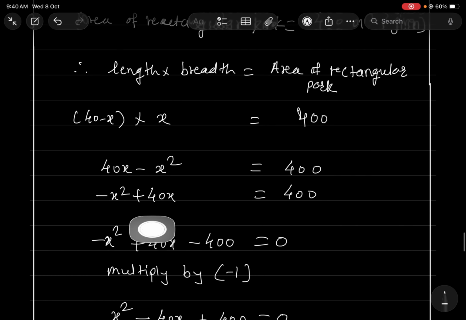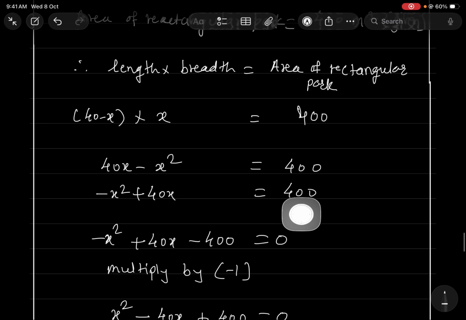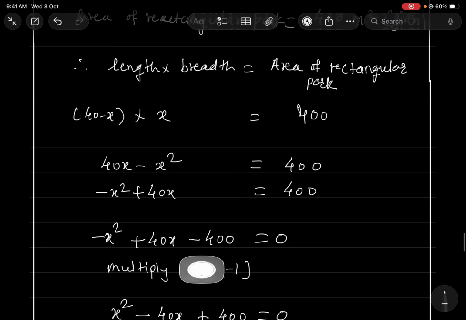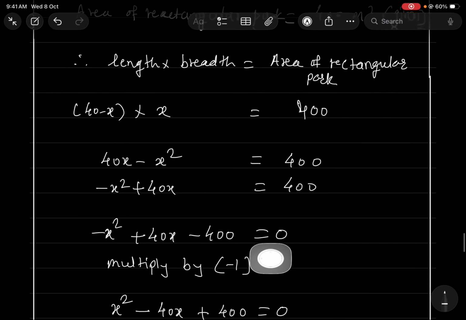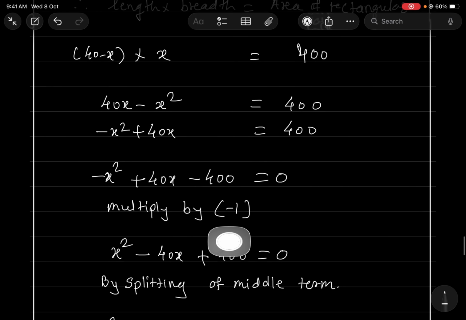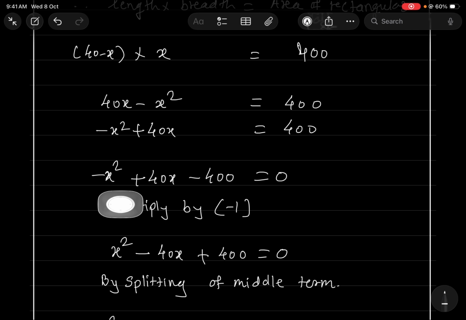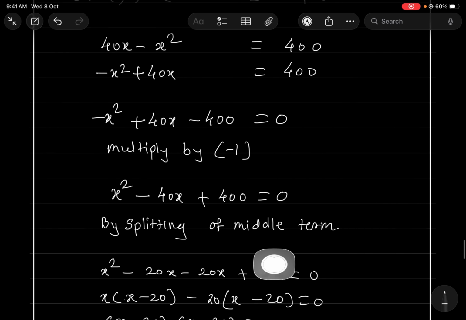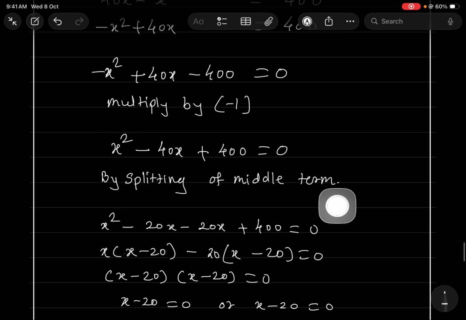Transposing 400 to this side, we get minus x square plus 40x minus 400 equals 0. Multiplying by minus 1, it becomes x square minus 40x plus 400 equals 0.